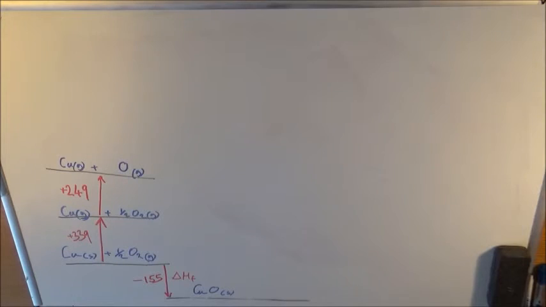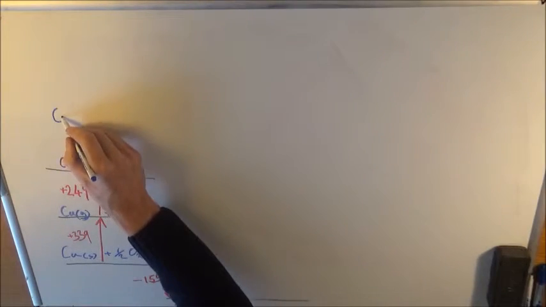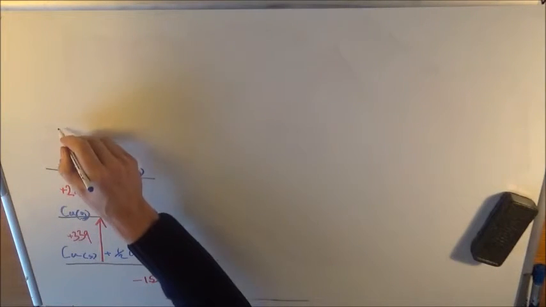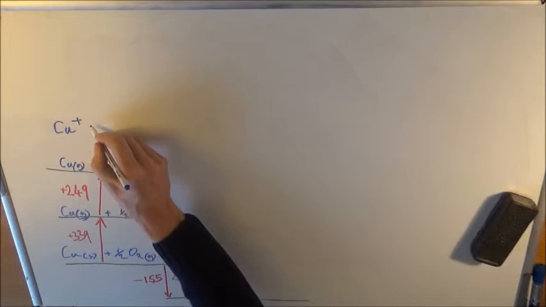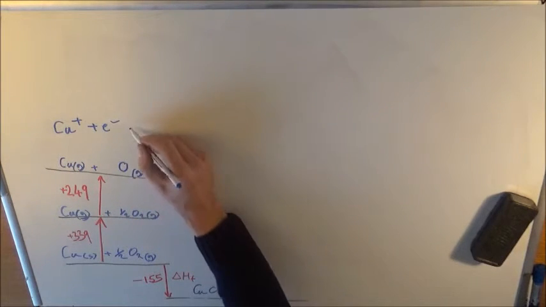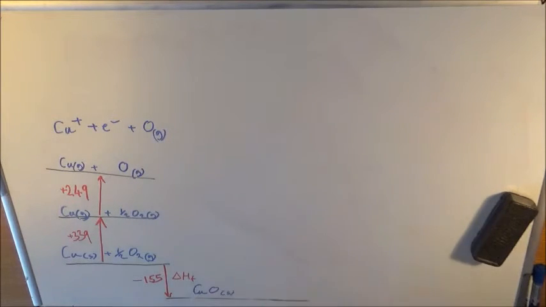So now we've got the gaseous atoms, we've got to make the gaseous ions. So we'll start off with copper, and we're going to remove 1 electron to give a copper 1 plus ion, and there's the electron I've removed from the copper, and nothing's happened to the oxygen, so that's just a mole of gaseous oxygen atoms.